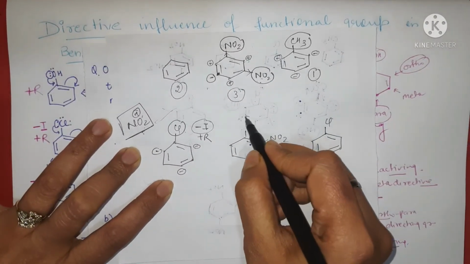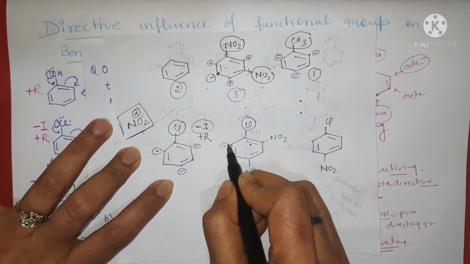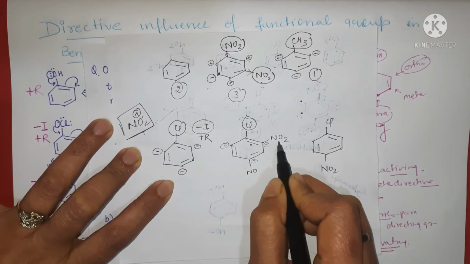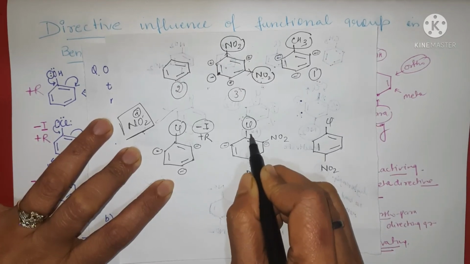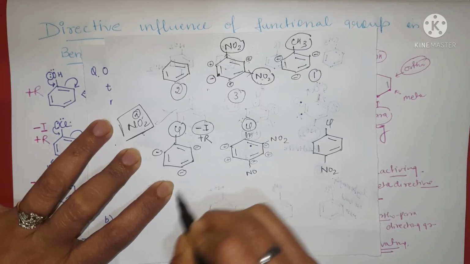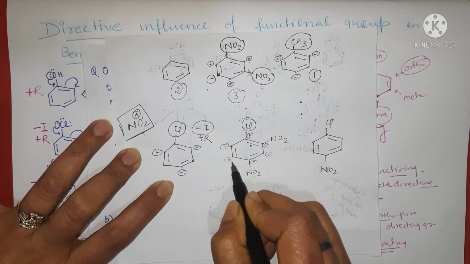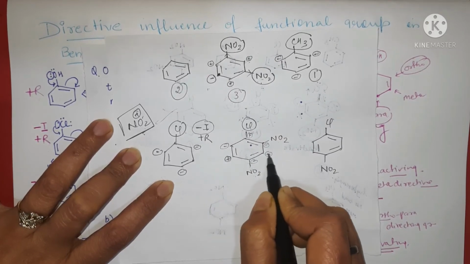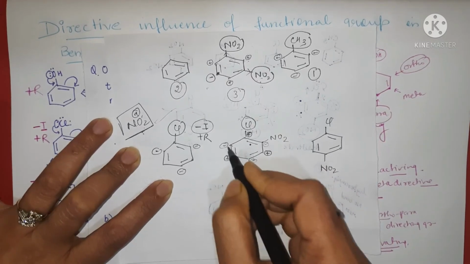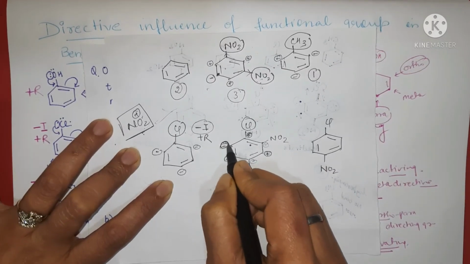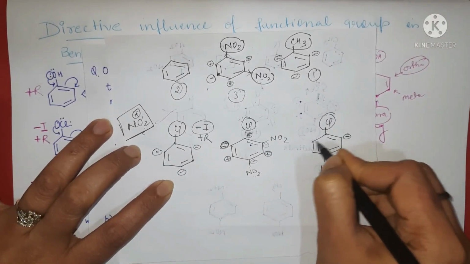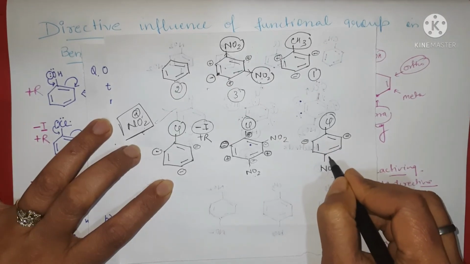Here let's see, this chloro group will increase the electron density here at ortho and para position. This nitro group will decrease the electron density on its ortho and para position, and this nitro group is also going to decrease the electron density on ortho and para position. All right, so there is only one room for the electrophile to come and attack here. Now let's compare this. This chloro will increase the electron density on its ortho and para position.